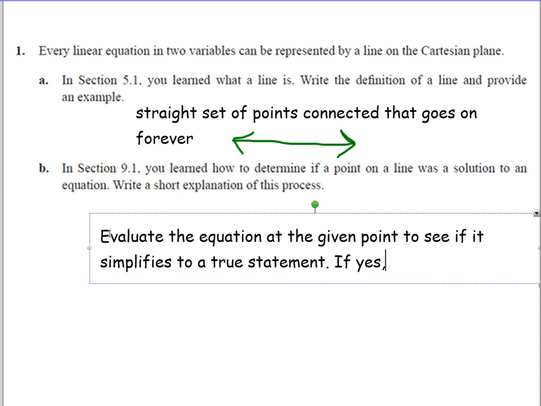If yes, it is a solution. Obviously, if no, then it's not. One of the examples from before came down to 11 equals 11, which we know is true. Otherwise, if you get anything that doesn't match, then obviously it is not a solution.